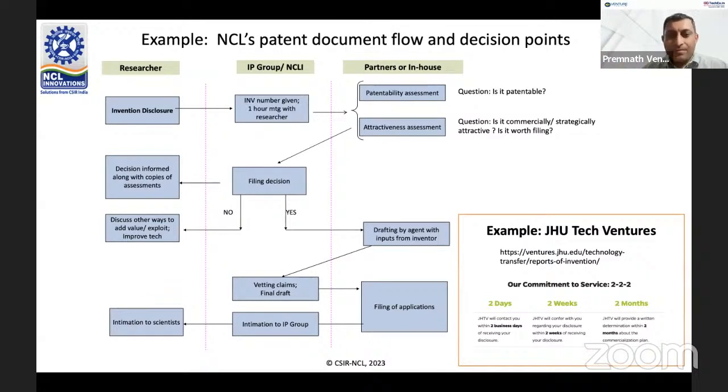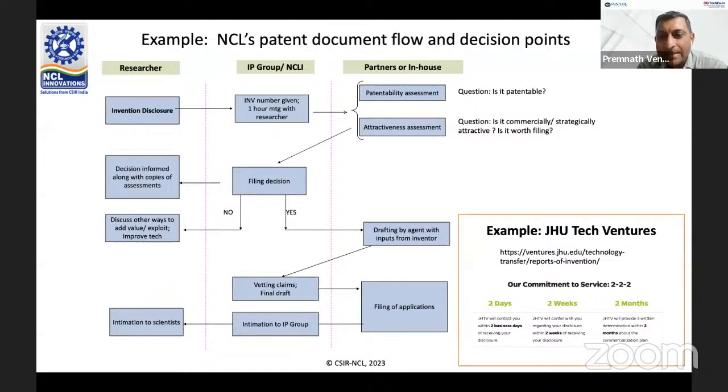Intimation happens: if the external provider is doing it, they intimate the IP group or the patent cell, and it goes back to the inventors, right? I'm just illustrating this to you, but this is nothing new. Many institutions do it. For example, I looked up Johns Hopkins University in the US. On the right frame, you see a small box, where an IP group equivalent gives this commitment: when you submit your invention disclosure, within 2 days, we'll contact you, right?